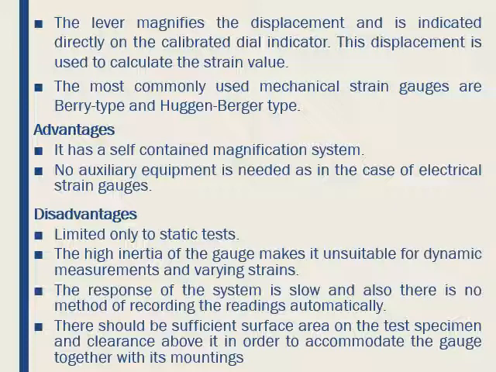Coming to the limitations, these kinds of devices can be used only for static tests. They cannot be applied to dynamic tests. Generally, tensile testing and compression testing are all static tests. So this kind of equipment can be used only for static tests.